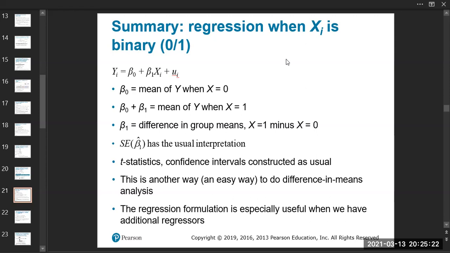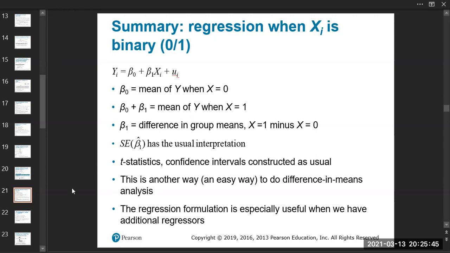And beta 1 is the gap between two groups' average. In this case, the standard error of beta 1 hat has the usual interpretation. You can still use the t-statistics and confidence interval constructed as usual, and it's the same with the two sample test.